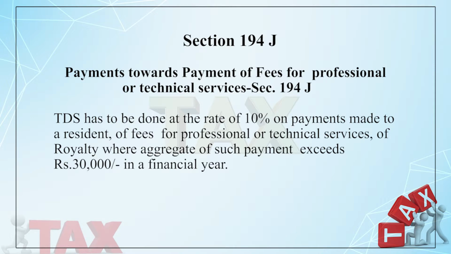What is the rate? The rate is 10%, and there is also a threshold limit. This threshold limit says that if the amount does not exceed 30,000, you need not deduct tax. That means if one standalone small audit or a small certification by an architect is made, and he or she places a bill for, say, 10,000 for the entire year, with only one bill, there is no question of TDS because it falls below the threshold limit.